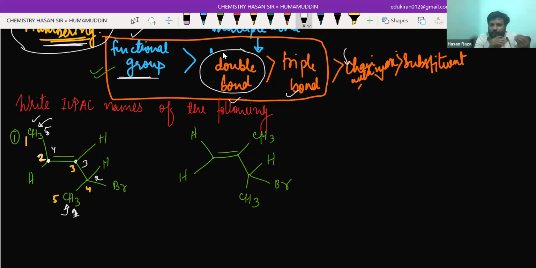The position from where the double bond gets the lowest number, from there we are going to number it. So top to bottom is the right one. Now you can see 1, 2, 3, 4 and 5. You have this branch only.